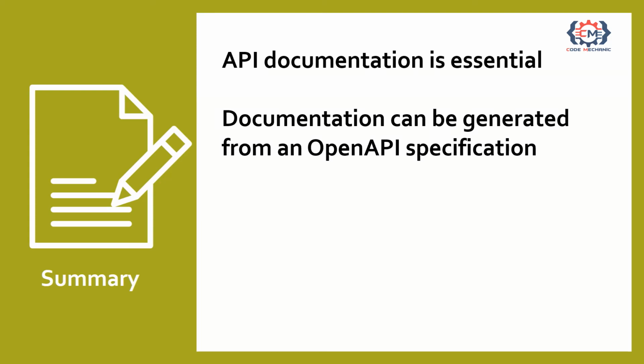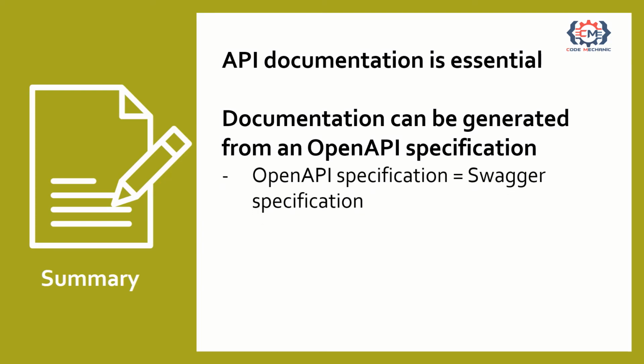The most important thing to remember is that an OpenAPI specification is the same as a Swagger specification. It's a JSON or YAML document describing the API. OpenAPI is the preferred term, so we will use that instead of Swagger.